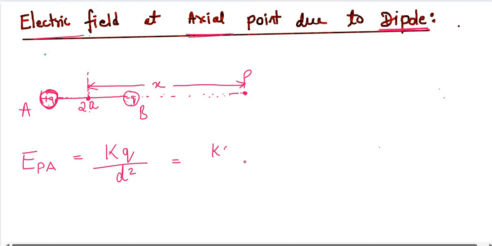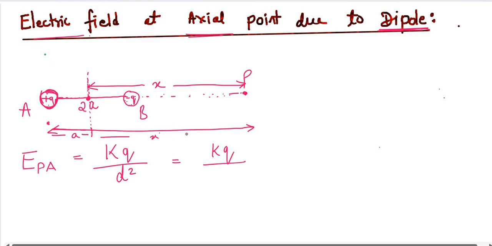So this will be kq divided by the distance from point A to point P squared, because we are taking the electric field from point A to P. So the distance from A to P is how much? From here to here is x, and from here to here the distance is a.